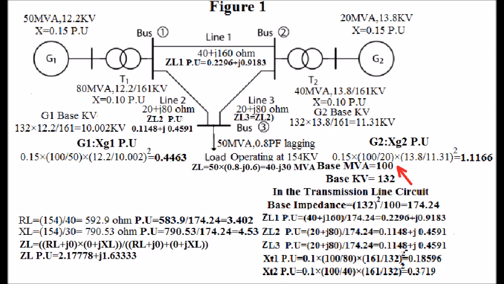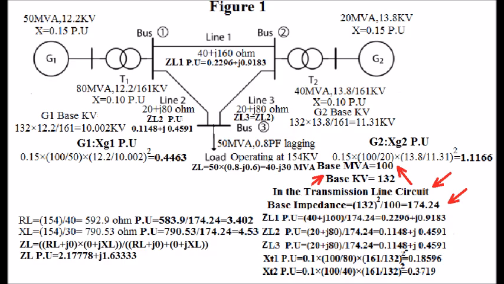Decided base MVA 100 and decided base kV 132 in the transmission line circuit. Base impedance calculation is also shown in the figure.